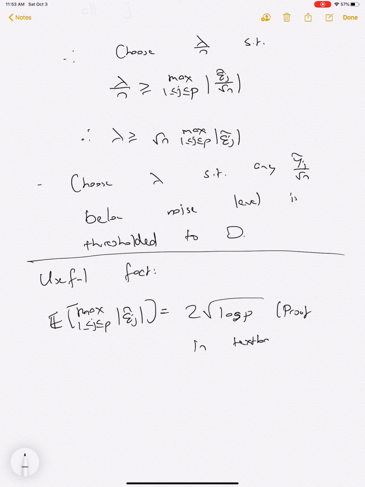If you're interested in the proof, I can point you to textbooks on concentration of Gaussian variables, which is a bit beyond what we're going to cover in this course.